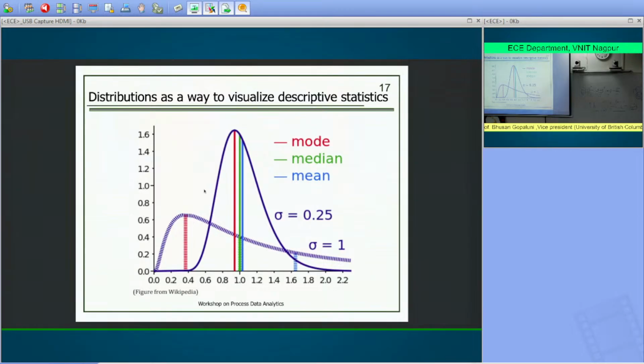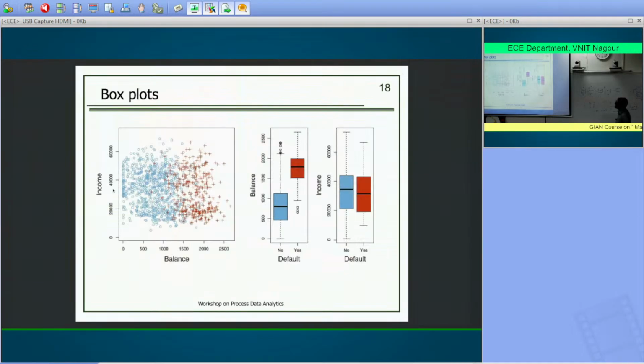Box plots. What you see on the left-hand side is a scatter plot of the income of a sample group of people and the balance on their credit cards at the end of the month on the x-axis. That's the scatter plot.